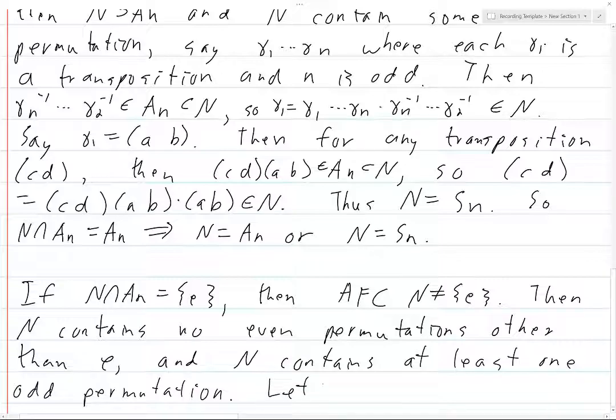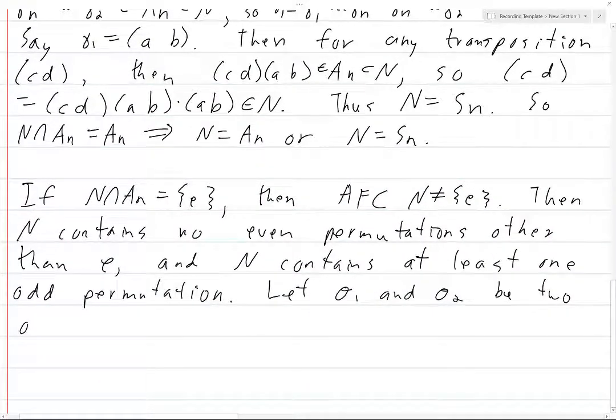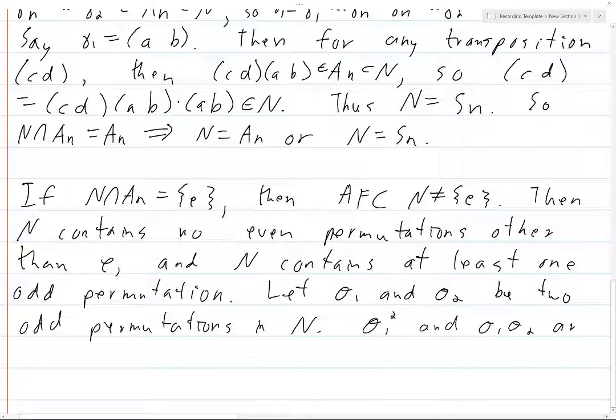So let sigma 1 and sigma 2 be two odd permutations in N. Sigma 1 squared and sigma 1 sigma 2 are even, because an odd times an odd is an even, so two odd permutations multiplied together gives you an even permutation.